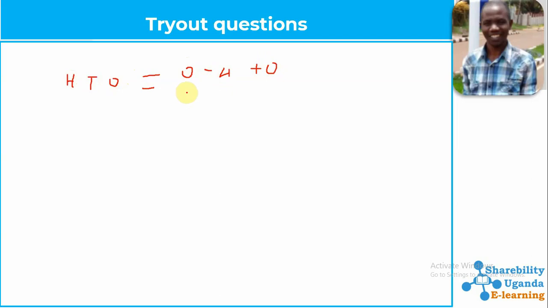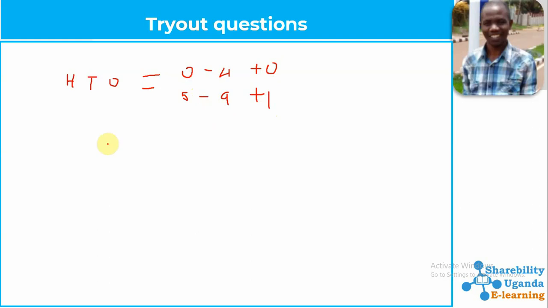Then from 5, 6, 7, 8 up to 9, you just add 1. So that is the concept that you can easily use to solve numbers as far as rounding off.